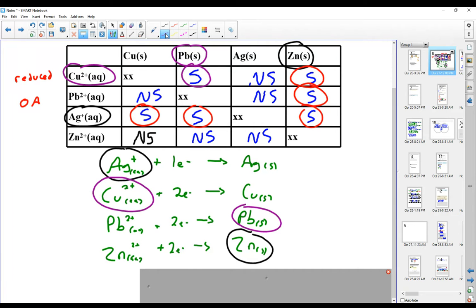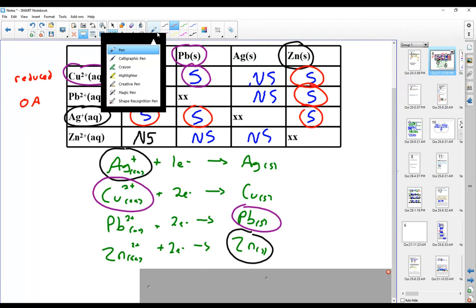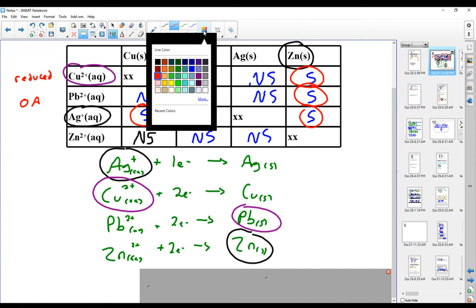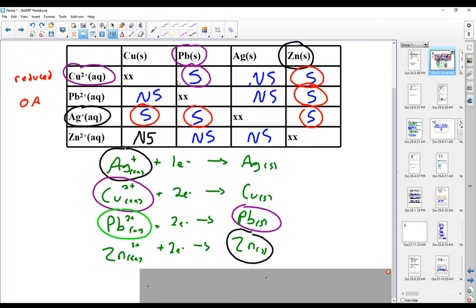However, if we switch that around, if I have lead 2+ and I have copper solid, we look at our copper solid, our lead 2+, what we see in the corresponding box is it's non-spontaneous.